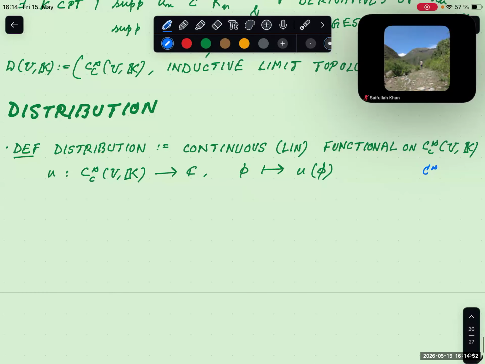So this is linear and this is continuous if... U acts on test functions. Elements of compactly supported functions are also called test functions.